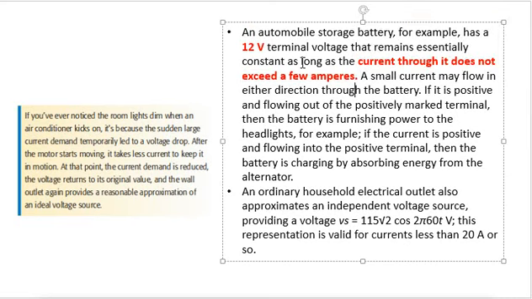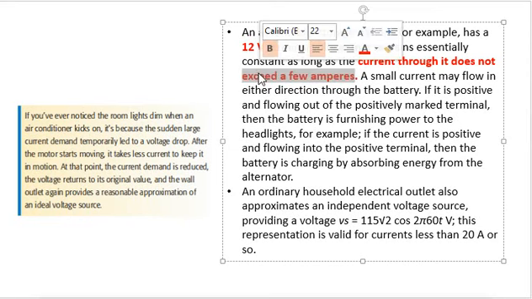May example mamaya. Halimbawa, etong automobile storage battery. For example, yung battery sa sasakyan. 12 volts yan, di ba? Yung 12 volts na yan, it will stay 12 volts as long as the current through it does not exceed a few ampere.